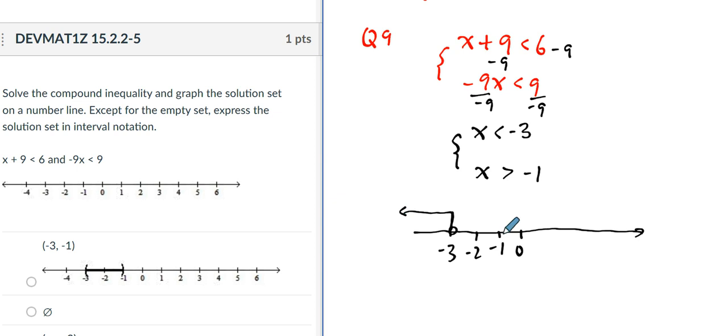Now, you then locate -1. -1 is right here, and -1 is not included. It has to be greater than -1. So 0 is greater than -1, so all the way to here. Anything in common? No. Nothing in common.